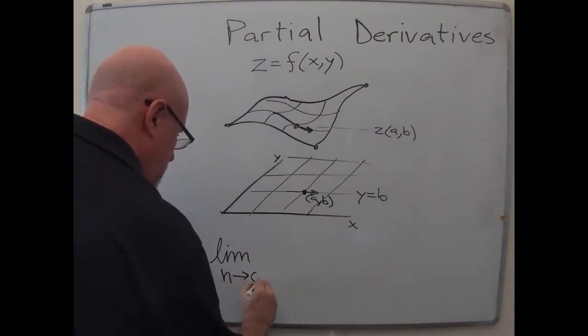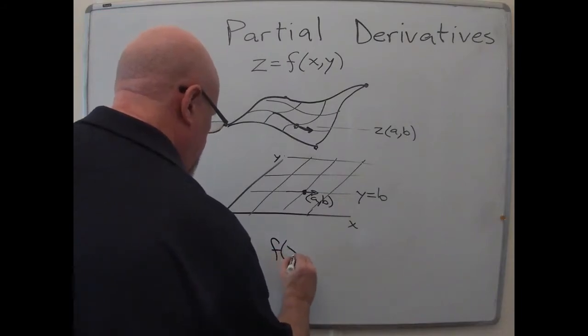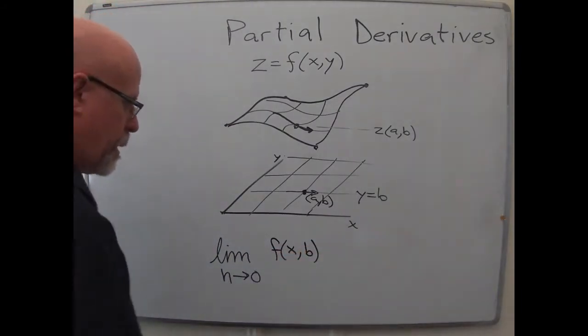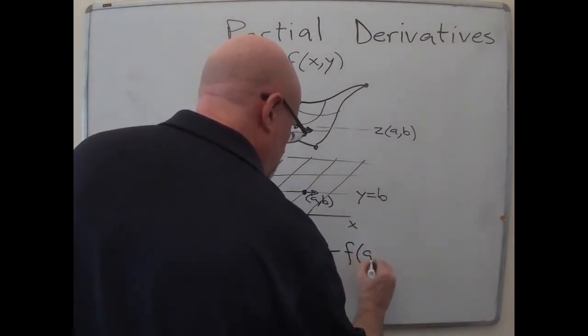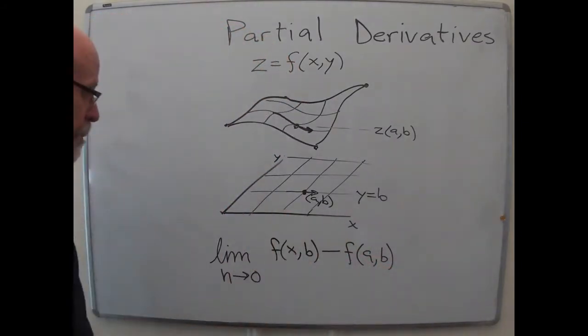The limit as h goes to 0. The function looks like f of (x, b). And we will subtract the value at (a, b). That's where x is equal to a. And y is always going to be b on this one.